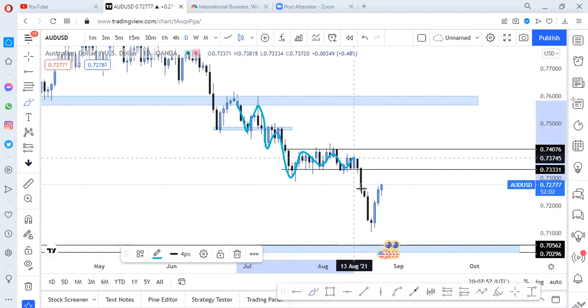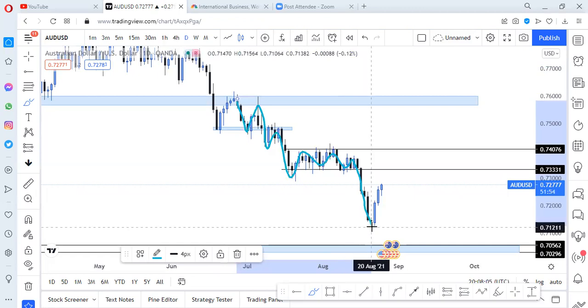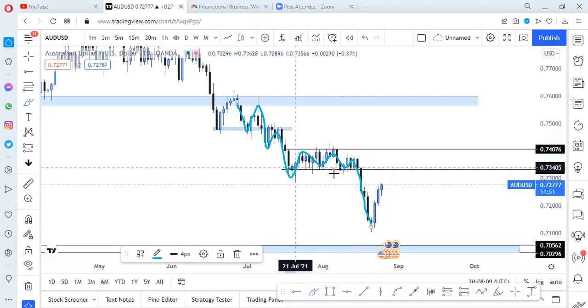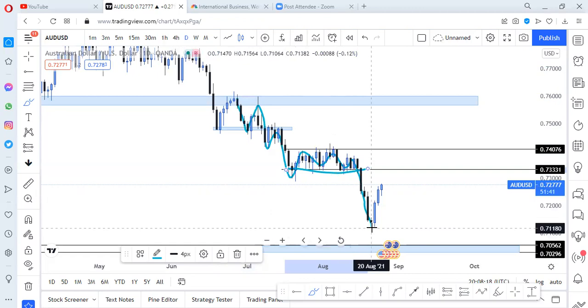Break without a retest. Pay attention. Now it came to this point. Now since price broke out of this level without a retest, without a proper retest, what's going on?